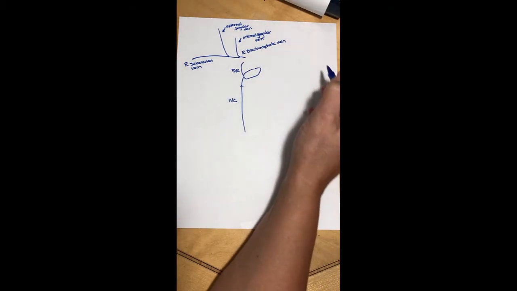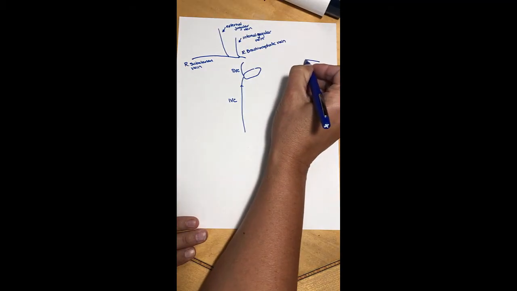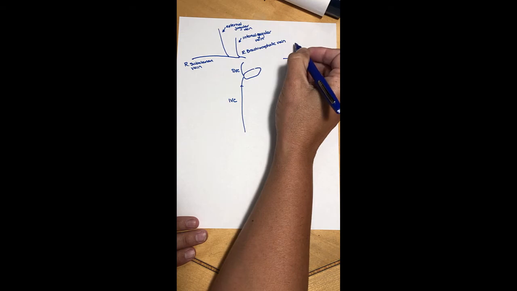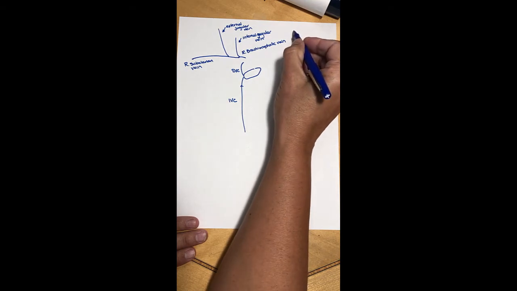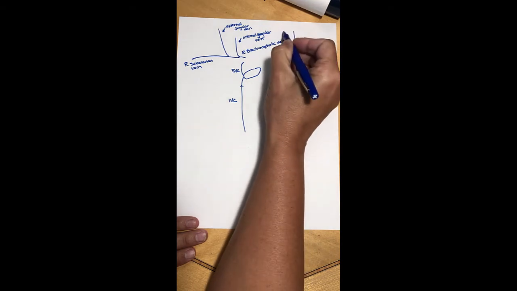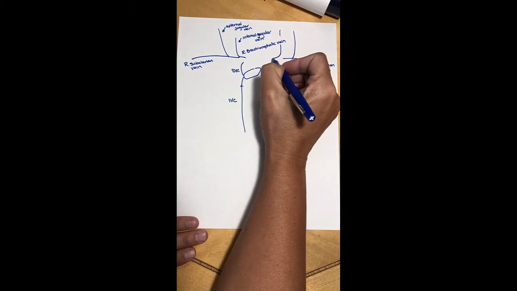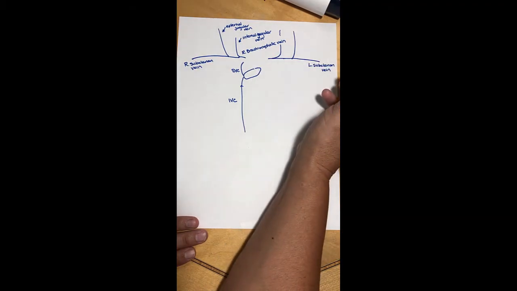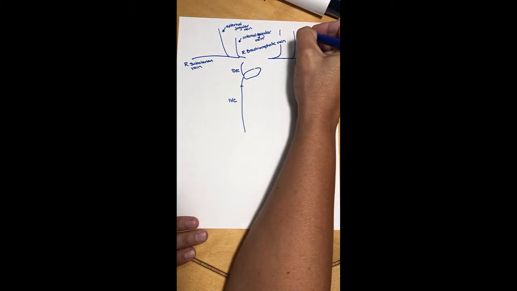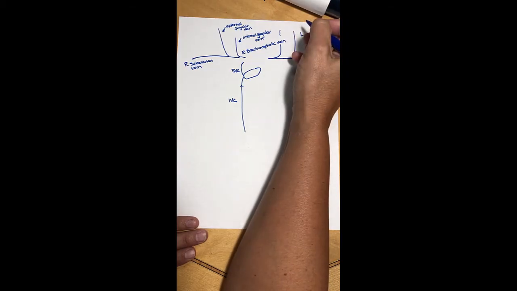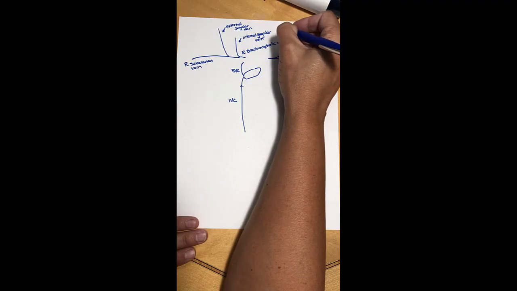Coming from the left side of the body, we have the left subclavian vein, which merges with two other vessels. Coming from the head, the left external jugular vein and the left internal jugular vein.